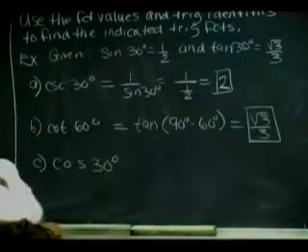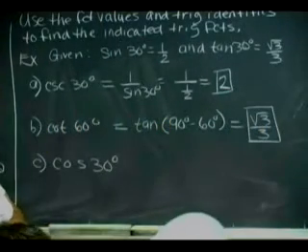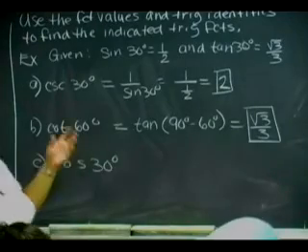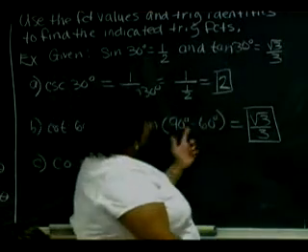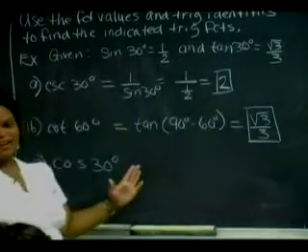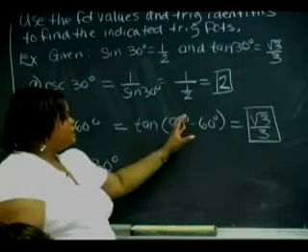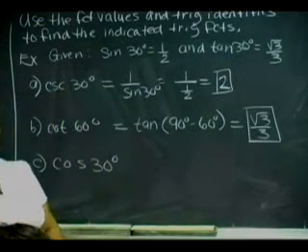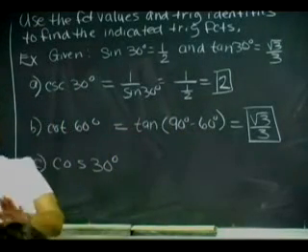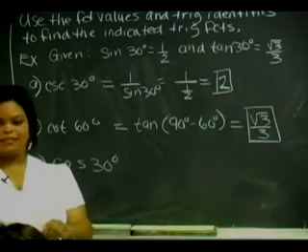Why is it 90 minus 60 is 30? Because we know the value of tangent of 30 degrees. We have no idea about tangent of 60 degrees; that wasn't given to us in the problem. So you have to work with what's given and try to come up with something to fit what's given.